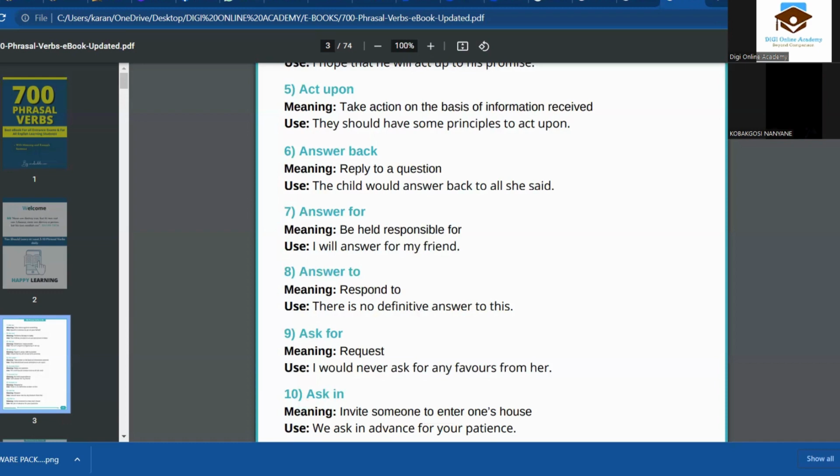Ask in. I've asked in one of my colleagues to help me with some of my work tomorrow. What I'm noticing, David, is that you're trying to make bigger, longer sentences because you're trying to put in more information.